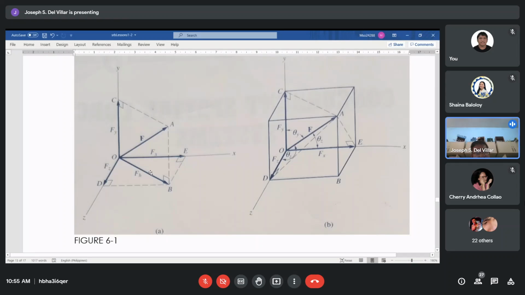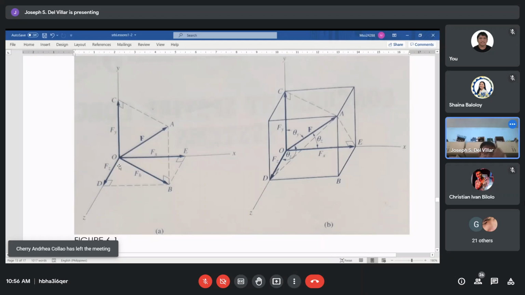Meaning to say, whatever is not shown here will be the opposite. For example, from the origin going horizontally to the left, that is the negative x. And from the origin going vertically downward, that is the negative y. And from the origin going away from you, that is the negative z.